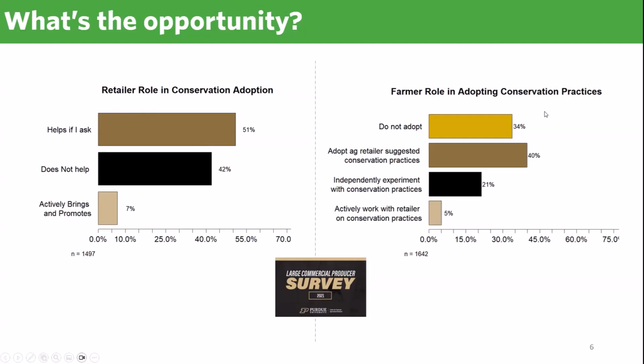But the interesting part is about 40% of the farmers would adopt a conservation practice that was suggested by the retailer co-op. So think about a bunch of the CCAs or farm advisors are hired under co-ops. We know they want to learn more about conservation. They are interested in that topic, but they're still not providing their farmers with the information, even though it looks like the farmers are pretty open to that idea.